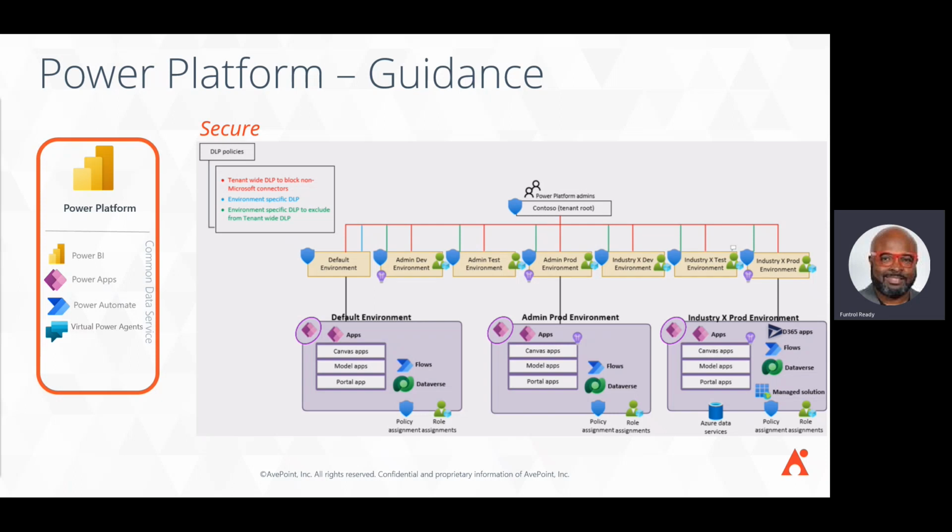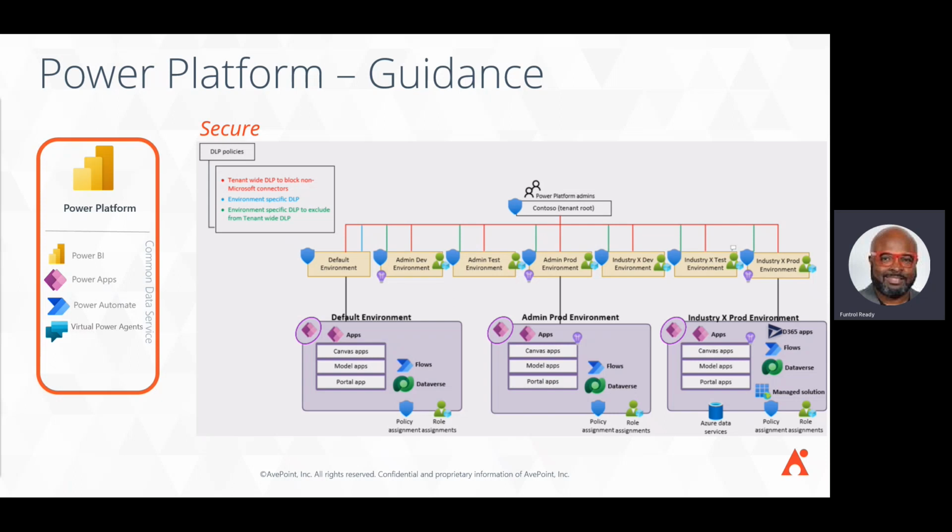So let's take my default environment, for example. If this is a common area where we allow our common citizen development, I may want to allow certain pieces of the Dataverse to be available for consumption, for building apps and connecting to data. And I want to control that. But there may be cases where for production, I want to restrict that to specific data, specific connections.